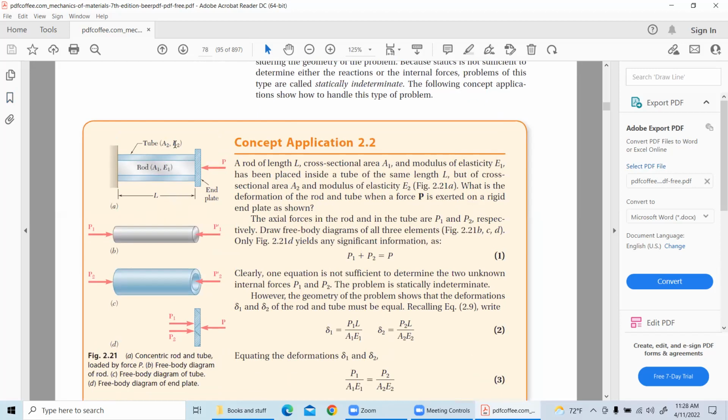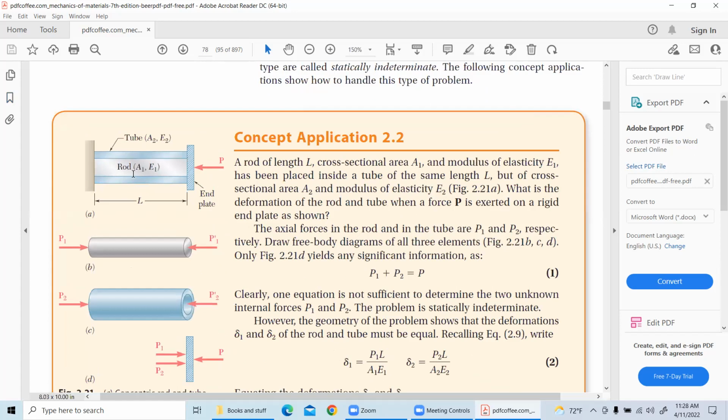You have this circular object, right? This is a rigid plate. I hope you can see the rigid plate, right? Now when you're putting the load, it is being taken by both the tube and a rod inside, and this is a rigid plate.